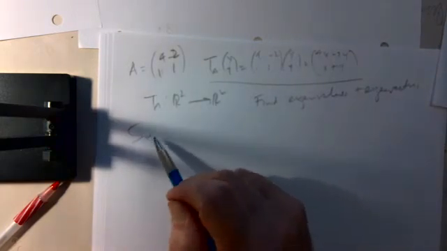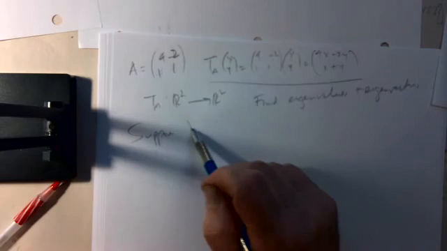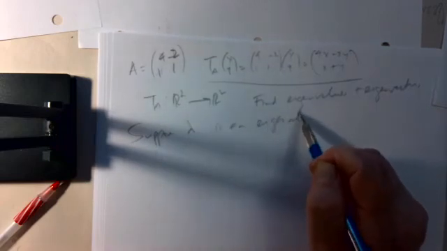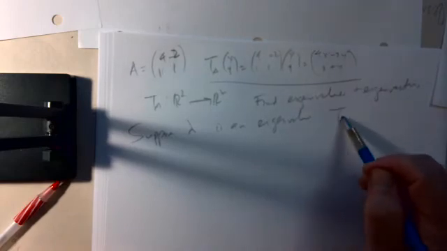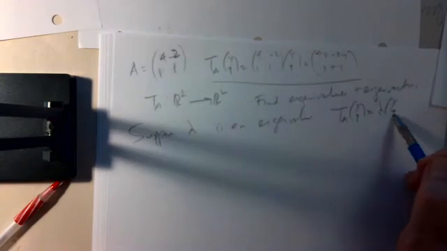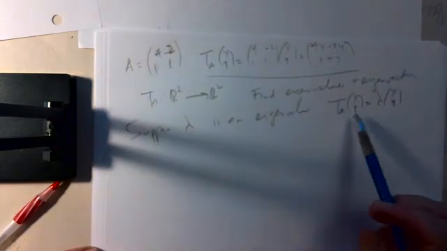So suppose lambda is an eigenvalue. That means that T of (x, y) will be lambda times (x, y). That's the definition of an eigenvalue.